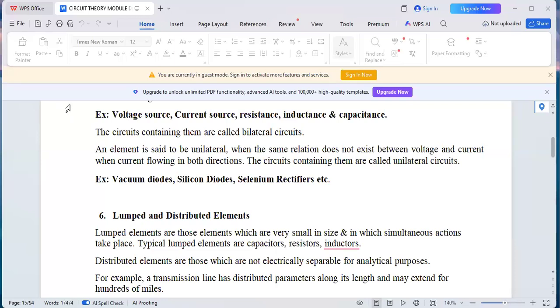We talked about inductance, lumped and distributed elements.